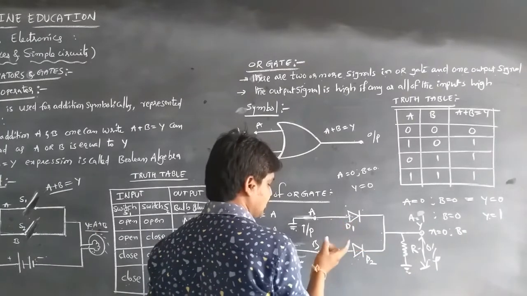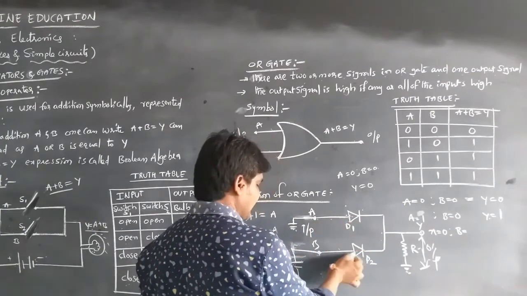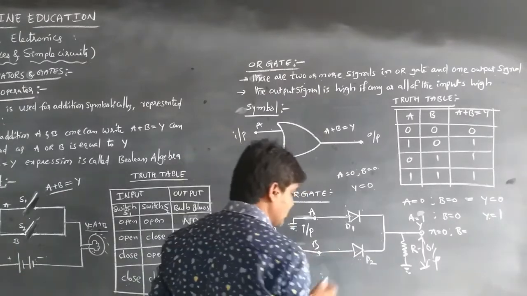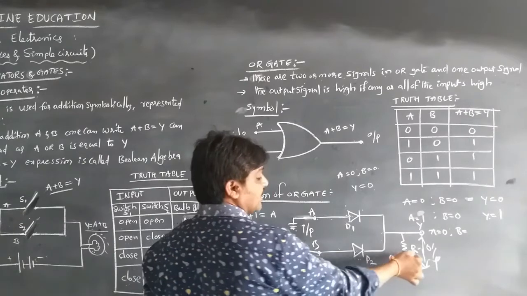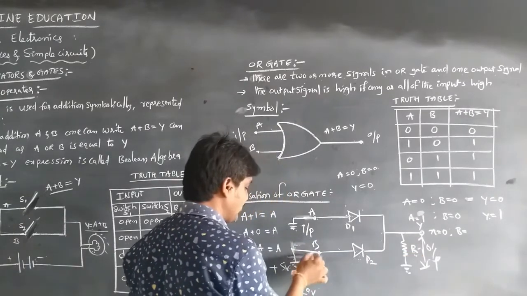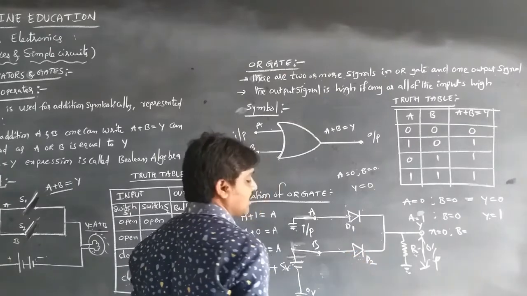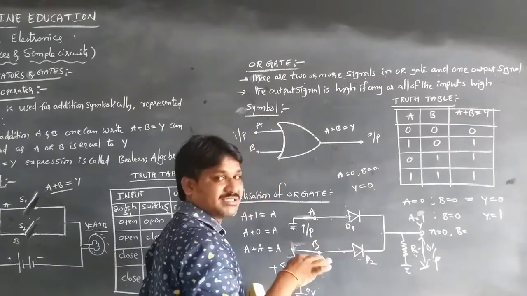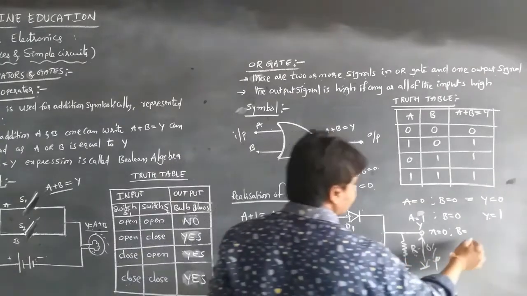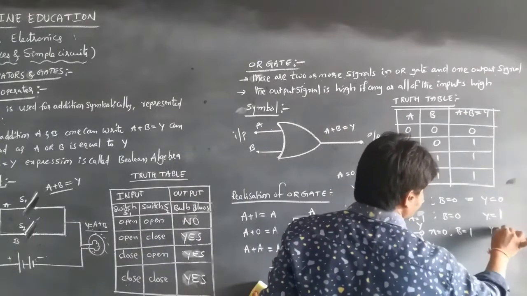Whenever B is connected, the current flows through the D2 diode and we can get the output voltage. The D2 diode allows the current to pass through it, so when we apply the 5 volts battery, B is equal to 1, then Y is equal to 1.